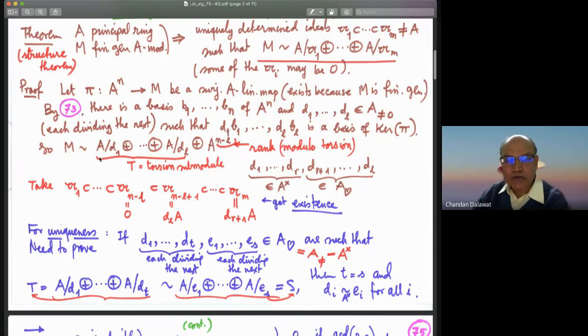So M is isomorphic to A modulo d1, direct sum all the way up to A modulo dl, plus A to the n minus l. Why is this term there? Because this l could be smaller than this n, right? Okay.